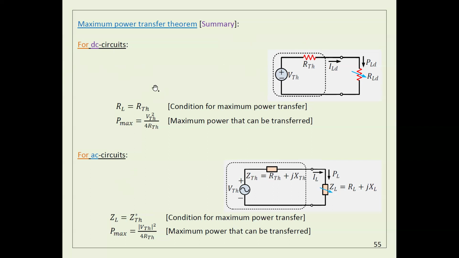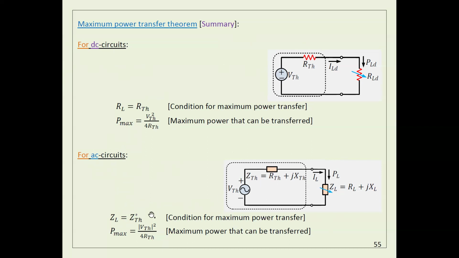What about in the case of AC? How are these things different? It's almost the same, but there is a very small difference. Because we work in the complex domain here, the impedance of the load ZL should equal Z7 asterisk.